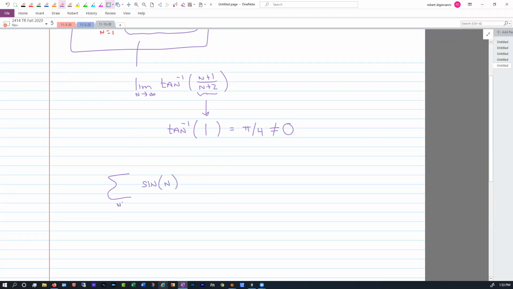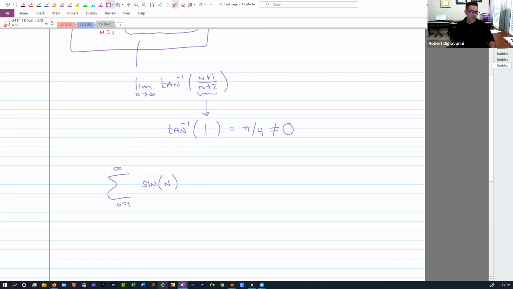Can't you use L'Hopital's rule to make sure? Well, it would depend on the sequence. Look at this one right here. Here's our sequence. If we take the limit as n goes to infinity of sine of n, that does not go to 0, does it?